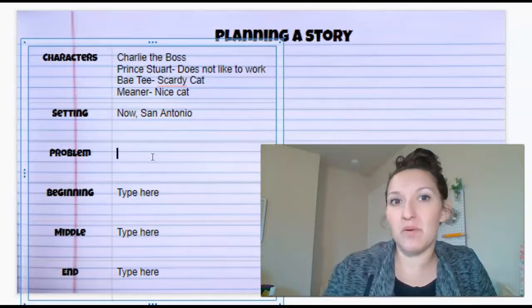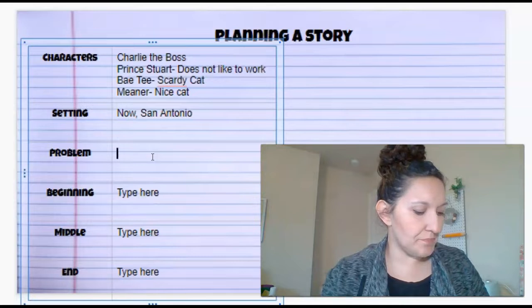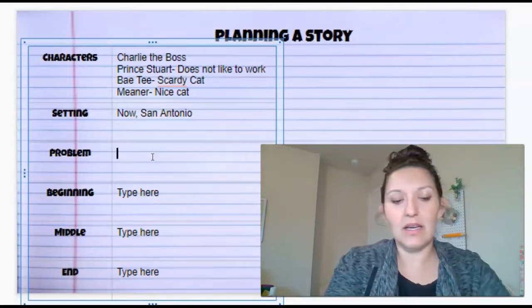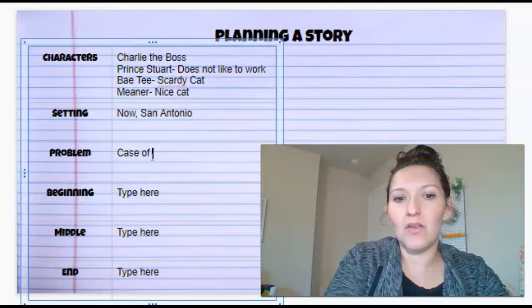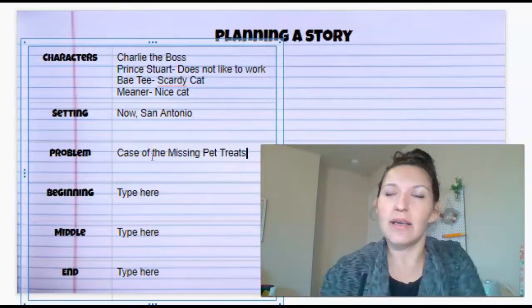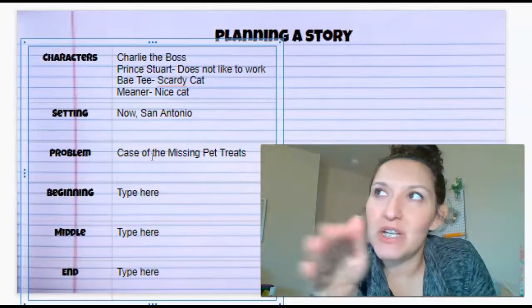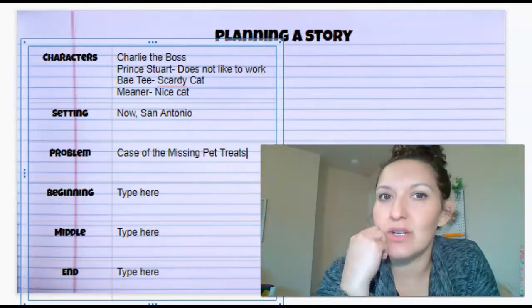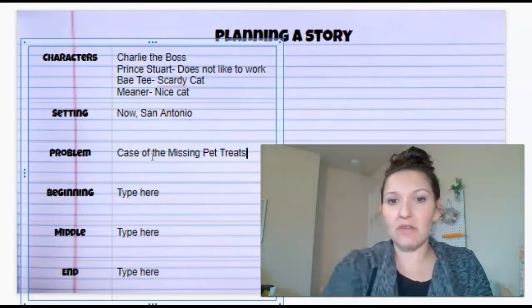My problem I came up with, and I'm looking at my notes here, I think it's going to be the case of the missing pet treats. And I'm already thinking in my mind, in San Antonio, all of the pet treats were missing. Yeah, that sounds like a good storyline for Charlie the boss. Okay, so I have my problem.